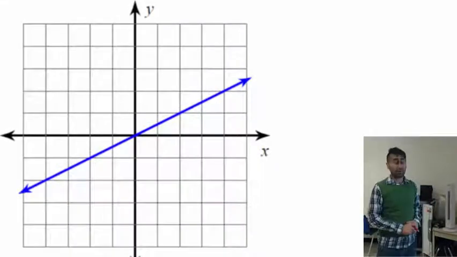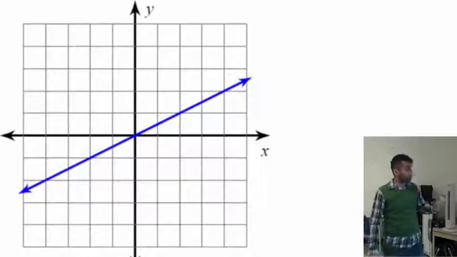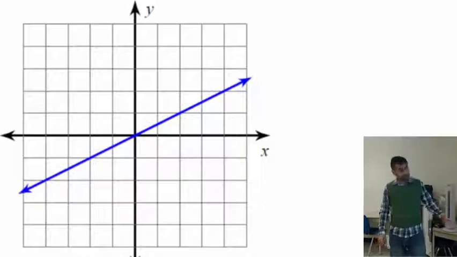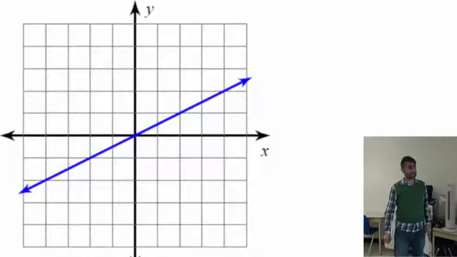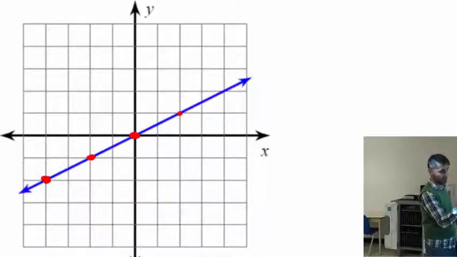The first thing we're going to do is figure out the perfect coordinates on the line. There are a few perfect coordinates here, such as this one, and this one, and this one, and one more.